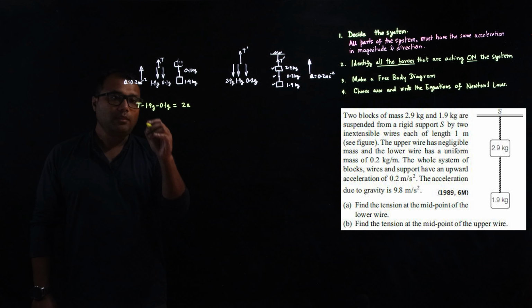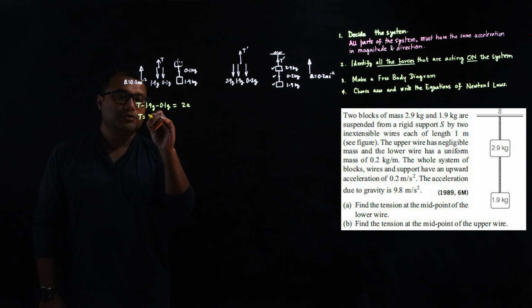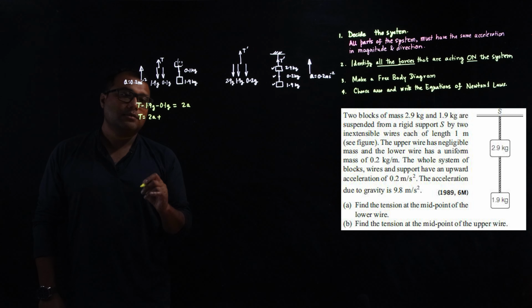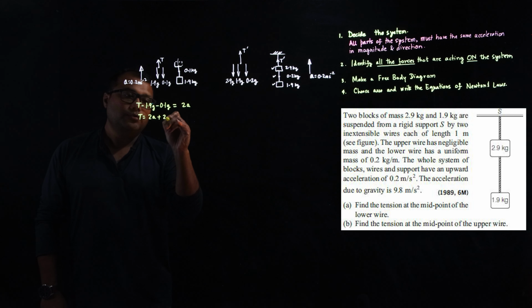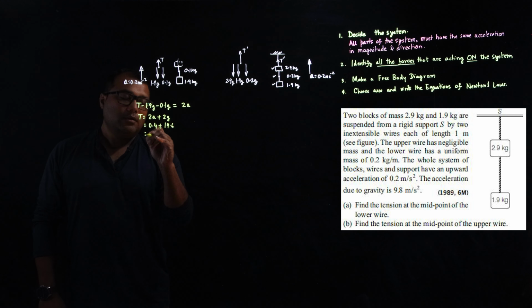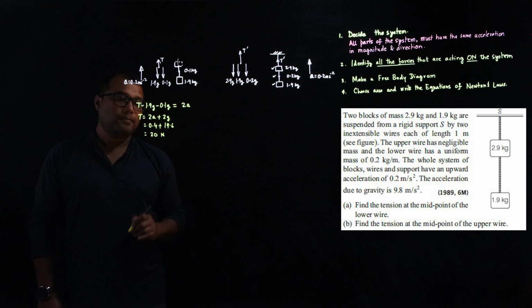So the tension is 2a plus 2g, so 0.4 plus 19.6 is 20 newtons.